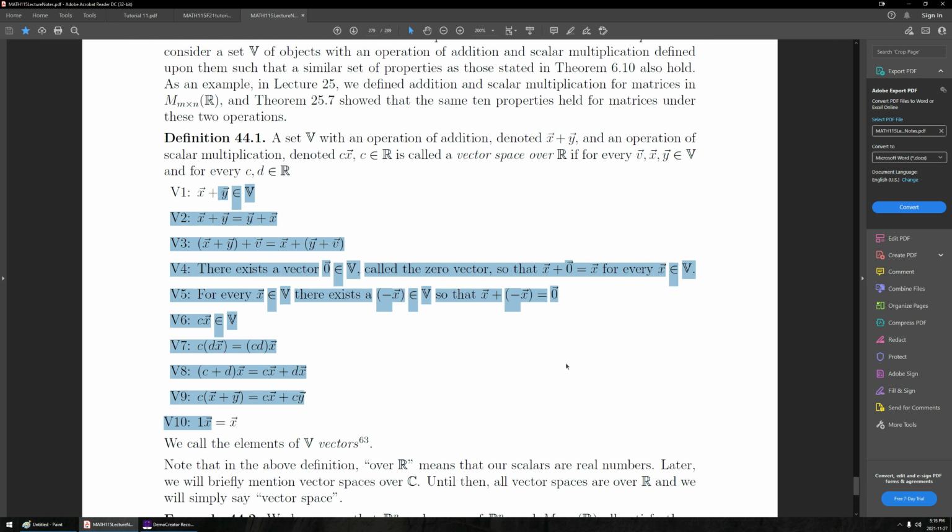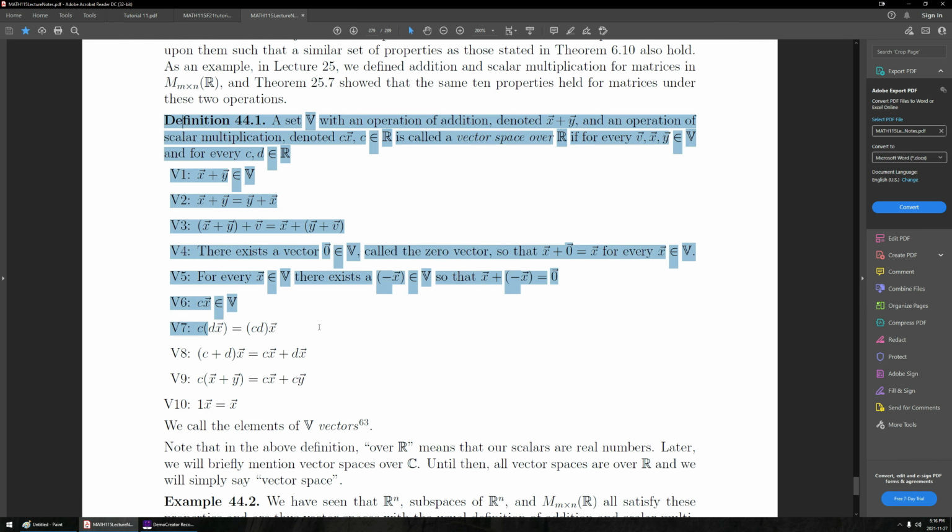For instance, polynomials can satisfy this. The set of all matrices, or the set of all n by n matrices, can satisfy this. There's lots of interesting sets that satisfy this. So we're taking the idea of a vector in Rn, and we're now talking about vectors in different objects. Okay? And we call this whole thing an abstract vector space.